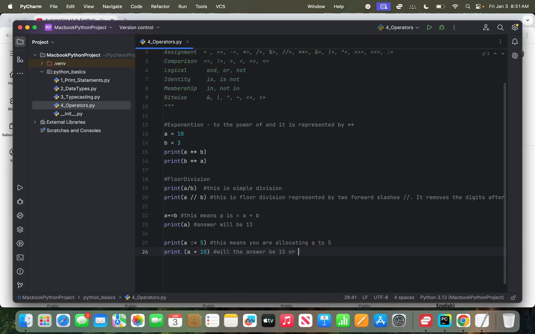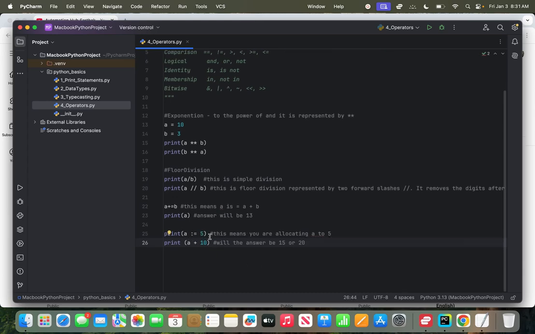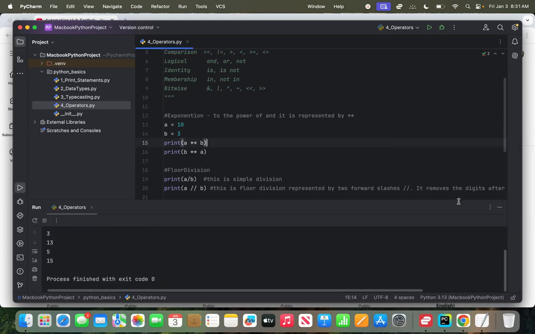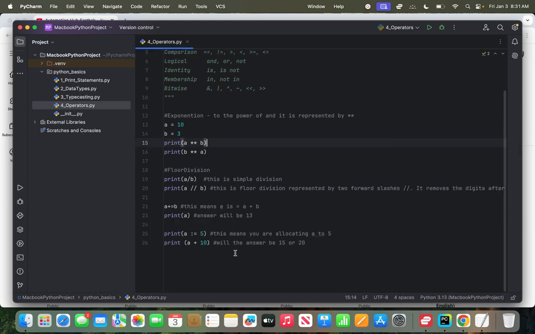Will it be 15 or 20? So once this symbol is done, has the value of A permanently changed, or does it still go back to the value which is written in row number 13? Let's find out. 15. Okay, so now the value of A has changed. If you write this, that means the value of A will change.